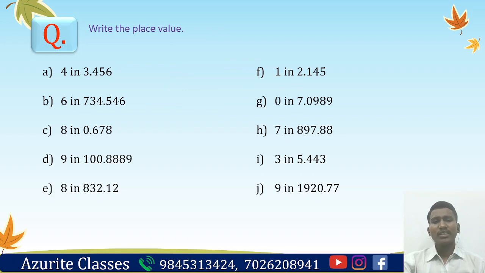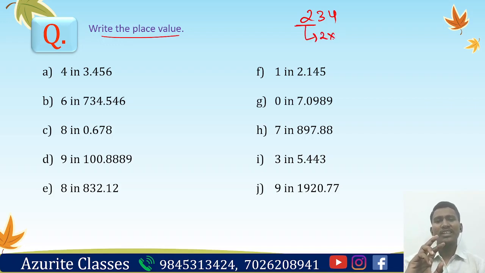So here the next question is to write the place value. Here in whole numbers we had written the place value, right? In the decimal system, if you take 234, the place value of 2 is 200, that is how many hundreds, 200s are there. This is how we write the place value.